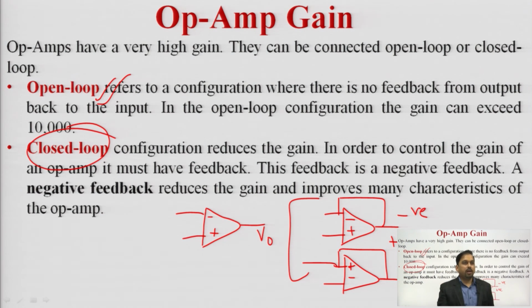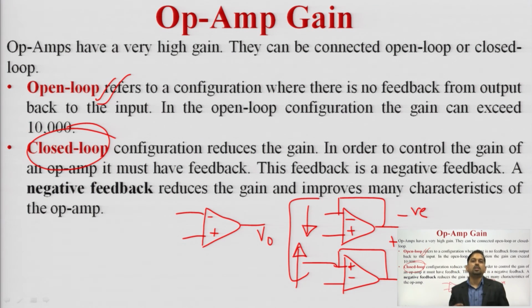Basically, negative feedback is used in feedback amplifiers, whereas positive feedback is used in oscillators, because the negative feedback configuration reduces the gain, whereas positive feedback increases the gain.